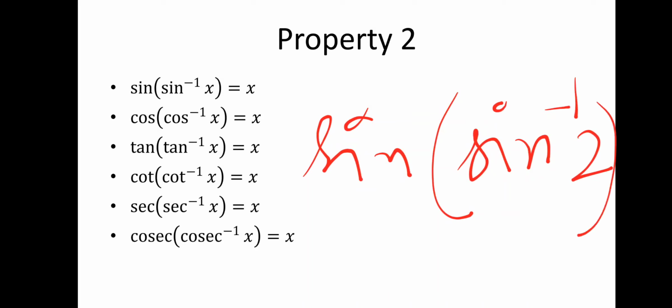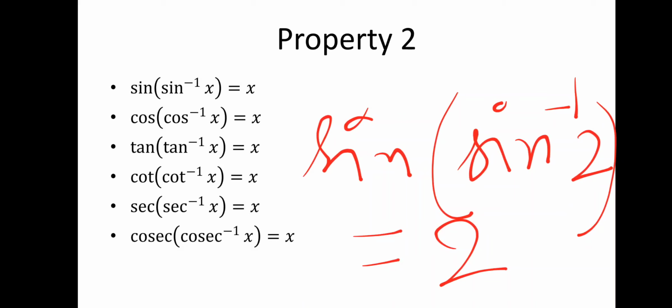Can I write this? It's a question mark. Sine of sine inverse 2. So according to the property, it should give me the value 2, right? Because that's how the property is. Sine of sine inverse x is equal to x. So whatever the value of x is, it will come back.